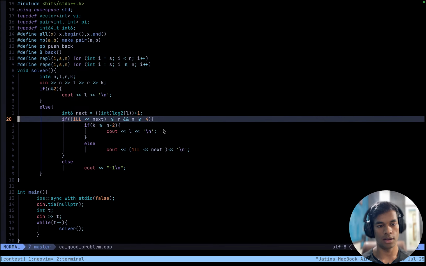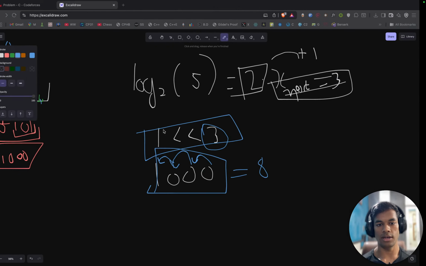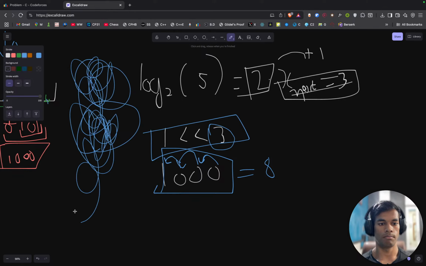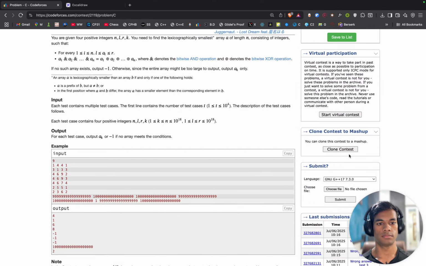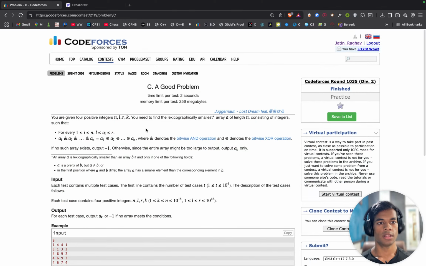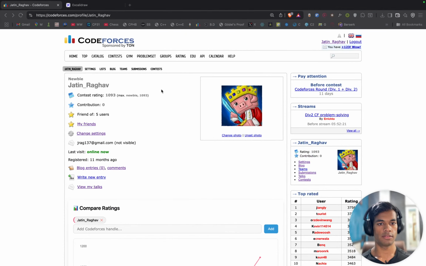But here I am also checking that this power of 2 that I am getting has to be less than or equal to the right limit, and at the same time, since I need at least two pairs of numbers, n has to be at least equal to 4, right? Yup, that is good. And it took me a couple of tries, but I got it right. That's cool. Yeah, we can move on to the next contest.